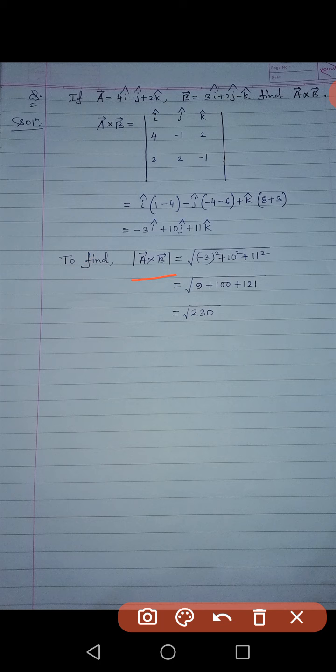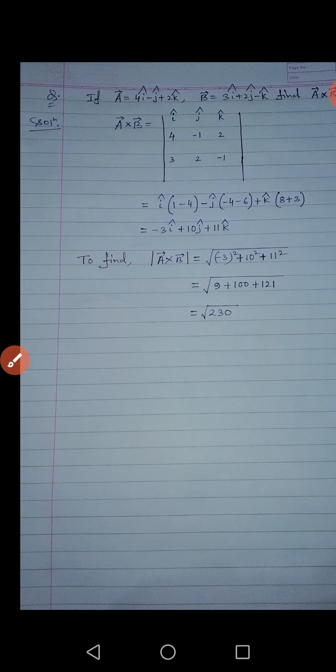modulus of a cross b. Once you have done a cross b, easily you can find the modulus, just as you calculated the modulus of a in the last sums I told you. How do we do that? Square root of the squares of all the coefficients.